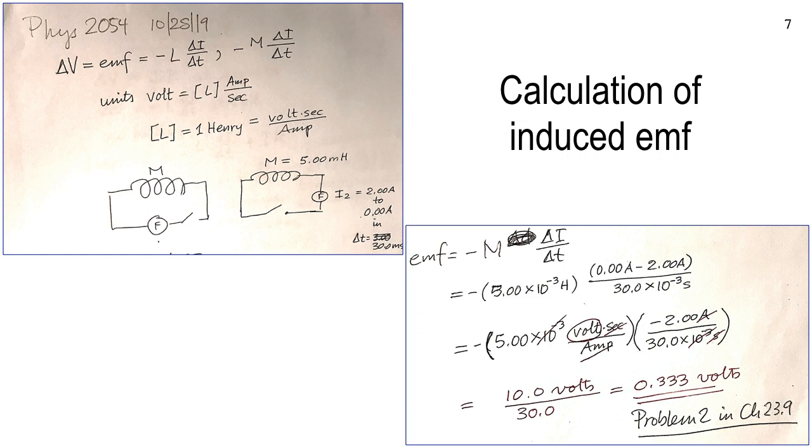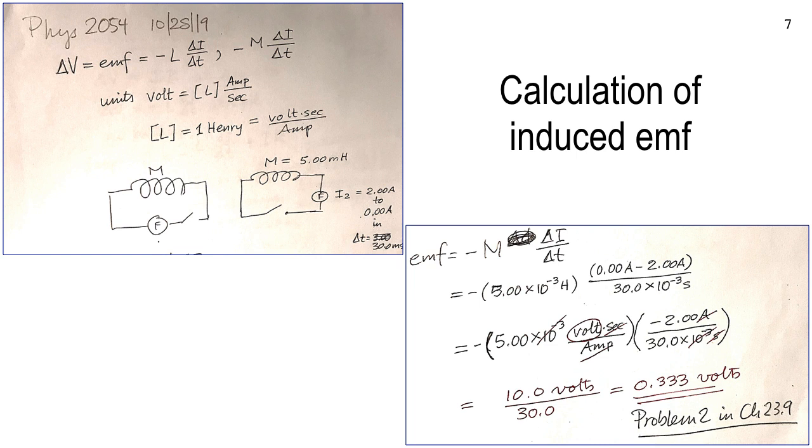Okay. Now here's our calculation. We're going to have two circuits, and here's one inductance, and we'll connect it to a fluke and a switch. Okay, so there's my switch. And then we're going to do another inductance, and let's say that they have the same mutual inductance.